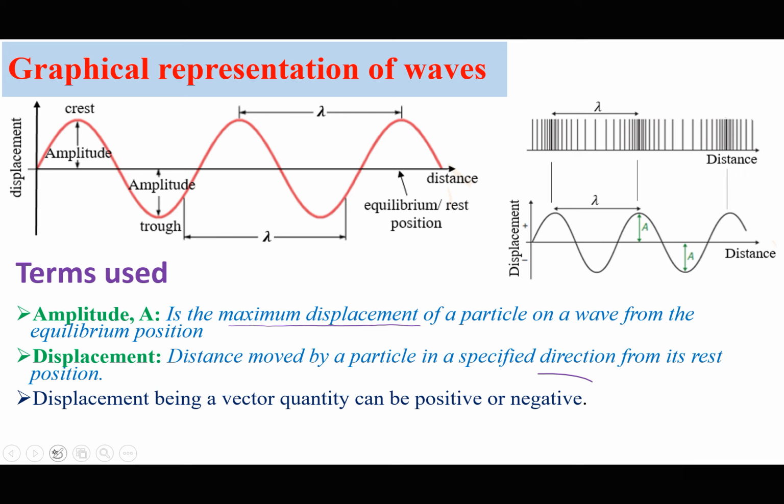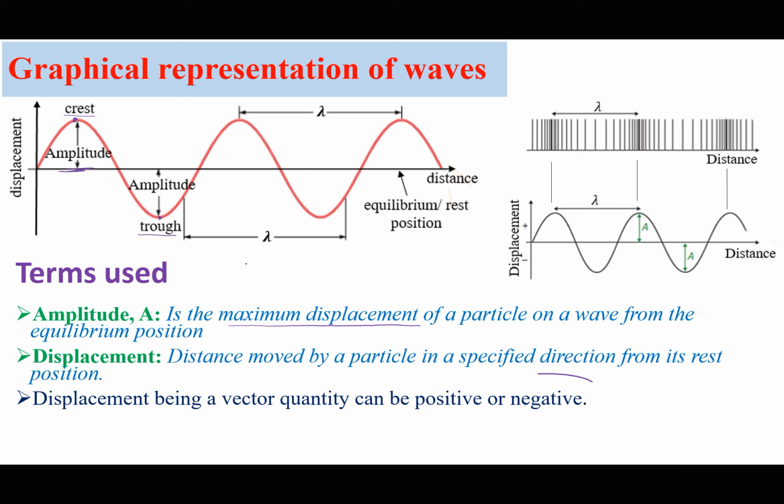So from your representation in IGCSE, the maximum displacement from the horizontal line to the highest point, which you called the crest, or to the lowest point, which you called the trough, that is going to be the amplitude. It is the maximum displacement of a particle on a wave from the equilibrium position.